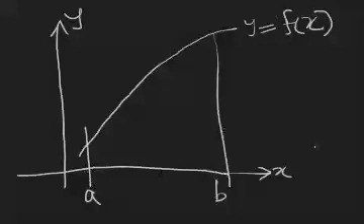This is our initial point. Let's denote this one x sub 0, and this is x sub 1, x sub 2, x sub 3.